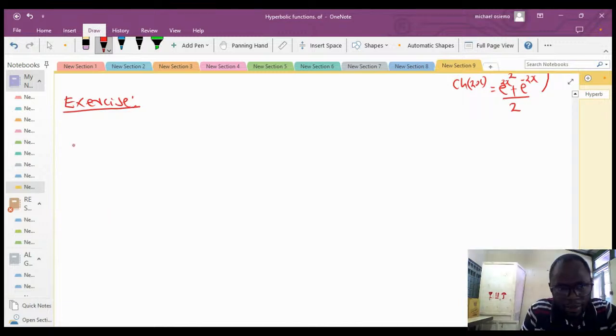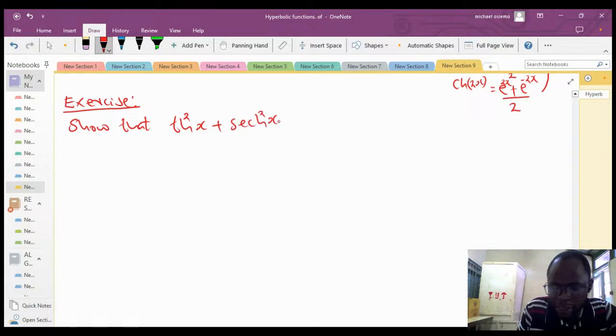So show that the tan hyperbolic squared of x plus sec hyperbolic squared of x is equal to 1. So this one, just do a practice using it.